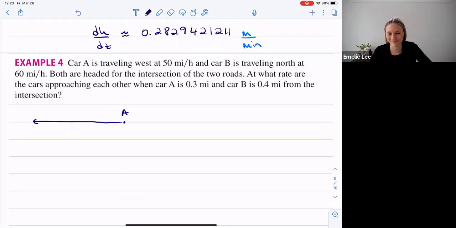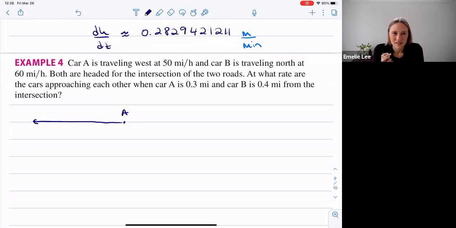Now take it home. Not enough time to solve the question for sure, but enough time to maybe set up, kind of tease apart the information that you have here into some sort of sketch.